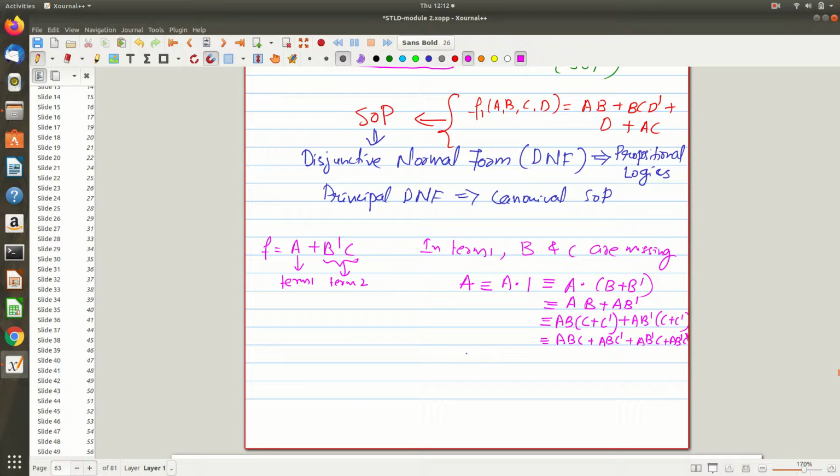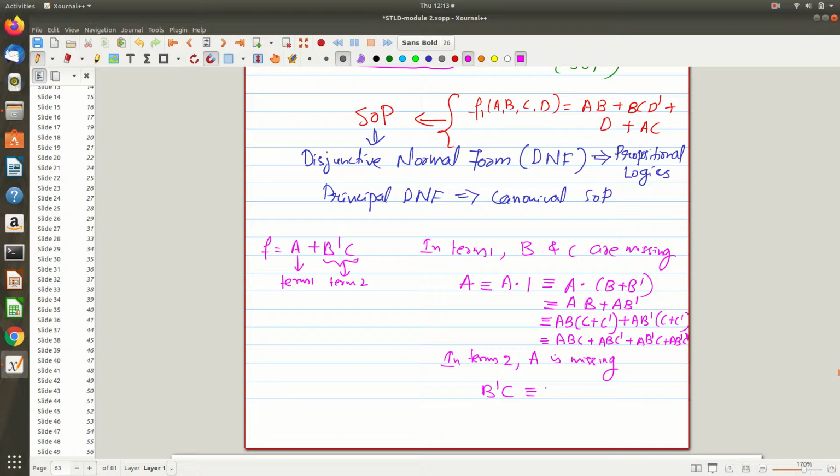Now focus on term 2. In term 2, B and C are there, the variable A is missing. So you can add A. So what you have to do? This is your term 2, B dash C. That is equivalent to, so I just want to maintain the order. You can multiply with 1 at any position, because by commutativity the order doesn't matter, that we know.